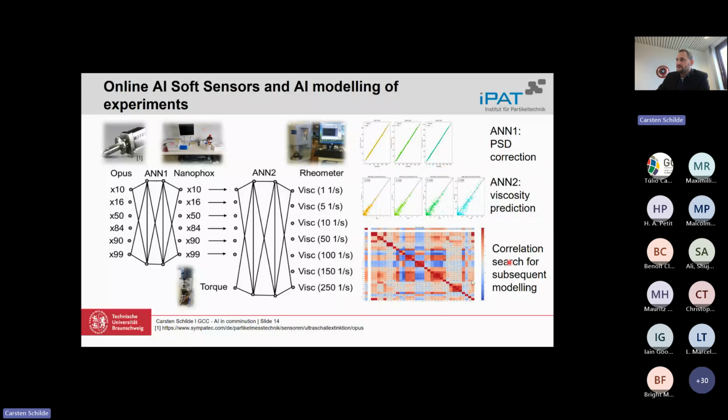Here is something more, the feature analysis and importance of different features. But what we have now is a real-time particle size distribution and viscosity at different shear rates, which we can use for our modeling and our process control.